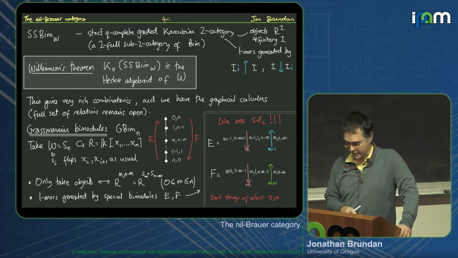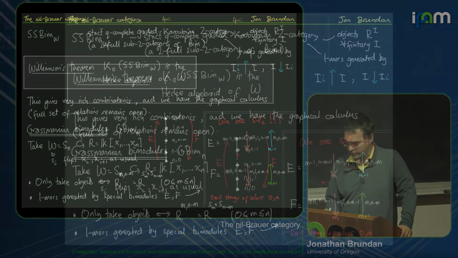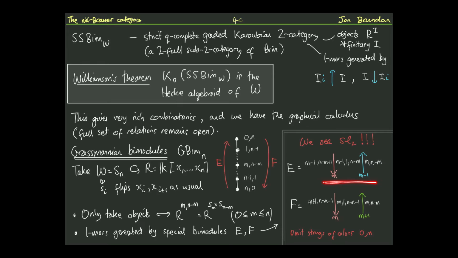So are you ready for it? Here it comes. So here we go. The bimodules that I'm going to be looking at, so there's the parabolic m, n minus m. And this is a neighboring parabolic, m minus 1, n minus m plus 1. Can you see this? It's quite hard to write it down, but this is the best I can come up with. And the bimodule that I'm taking is actually not just an induction.